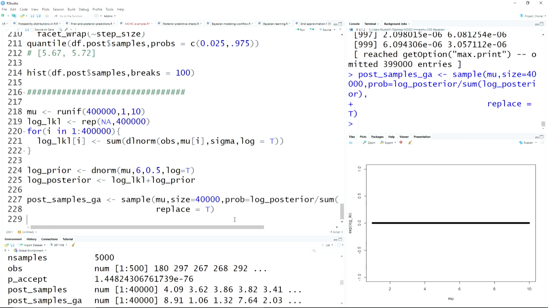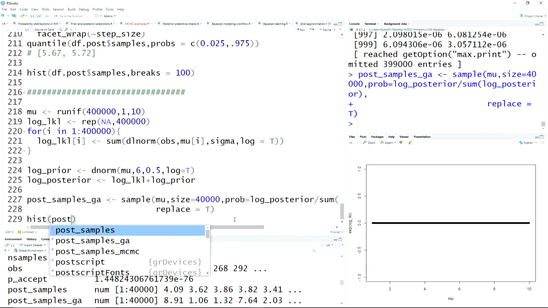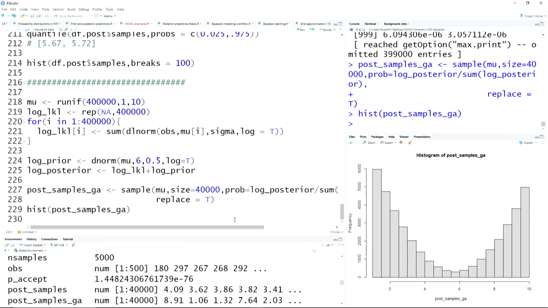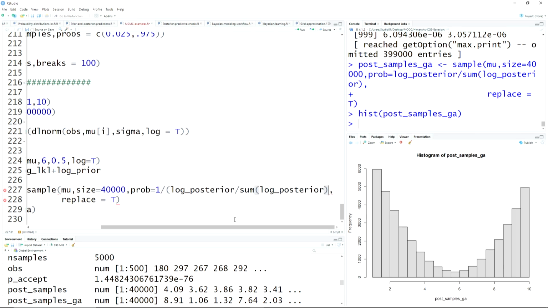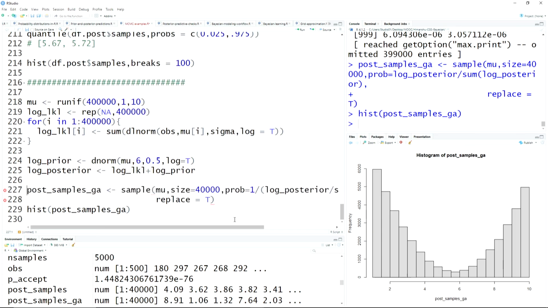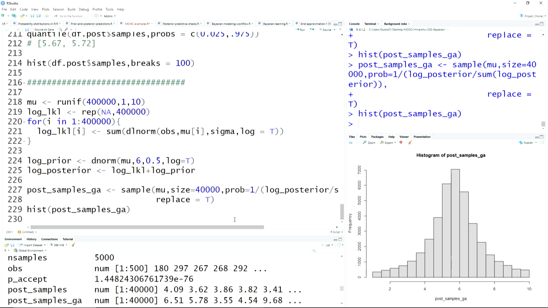So now we have got samples from the posterior using grid approximation. Let's see how they look. They look really weird. I just wanted to use them as weights, so let's see if any of this approach works. Okay, so this slightly works, but I don't think this is giving us the actual posterior.